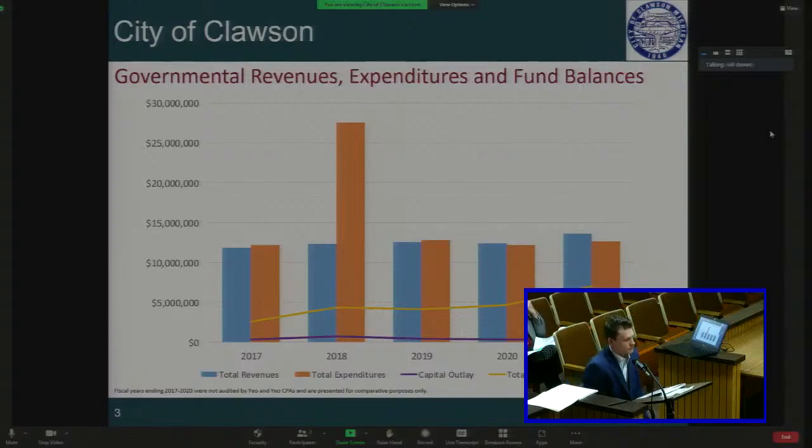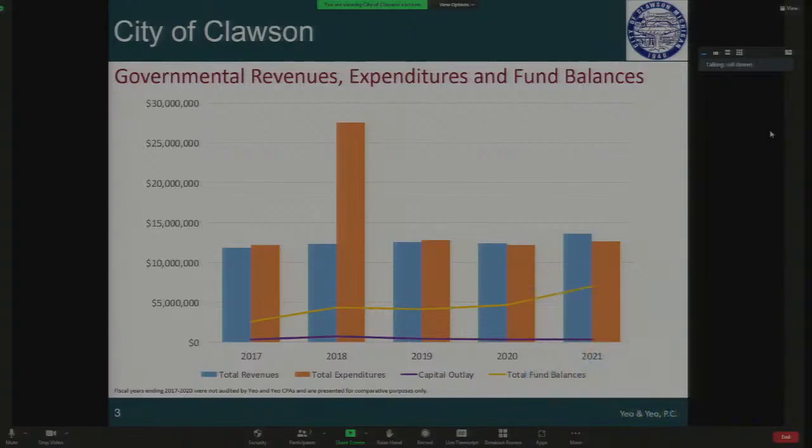The next graph is a 5-year presentation of the revenues and expenses as well as the fund balance for your governmental funds. This would correspond to page 4-5, I want to say. One moment. Starting on page 4-7, it'll be the total column on the right-hand side of the financial statements for the revenues.